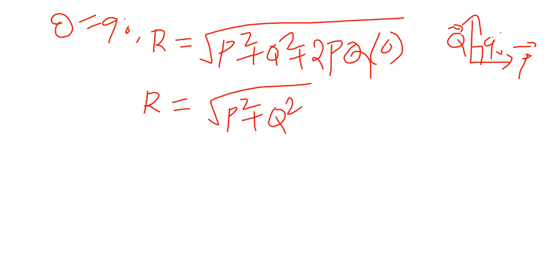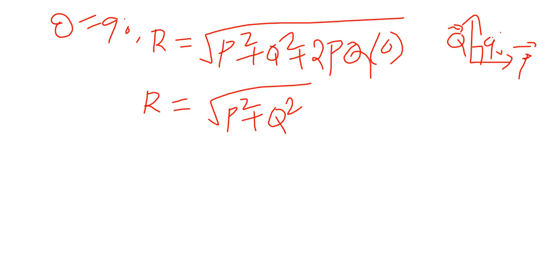Till now we discussed 3 different cases. When these two vectors are perpendicular to each other, the angle between them is 90 degrees, so the resultant vector R is equal to root over P square plus Q square.